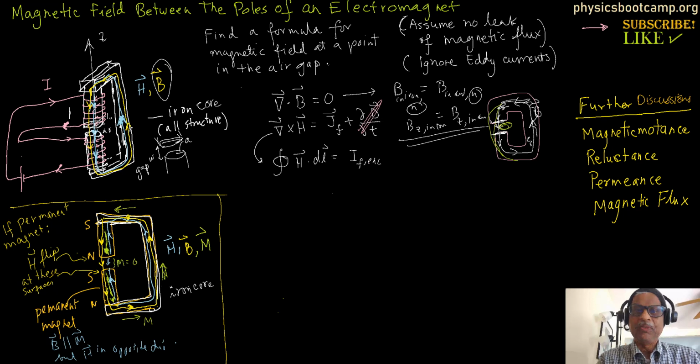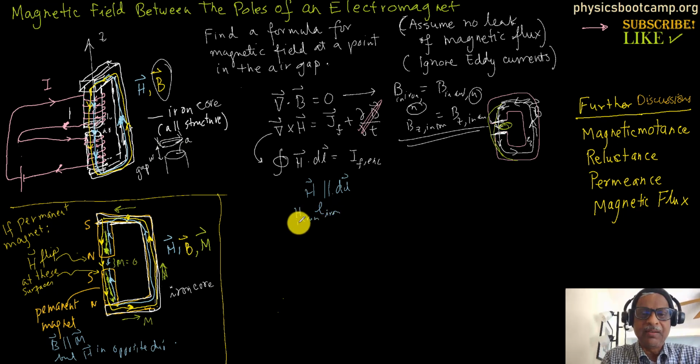So if I go along this blue path, H is in parallel to dl, and there will be a part in the core: H in iron times the length of this in iron.